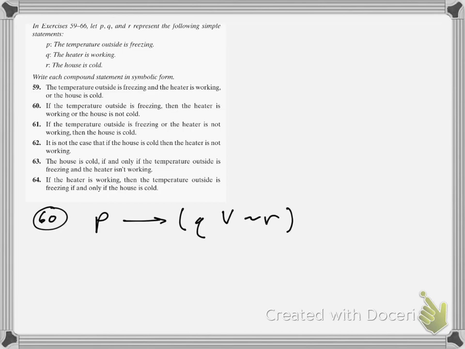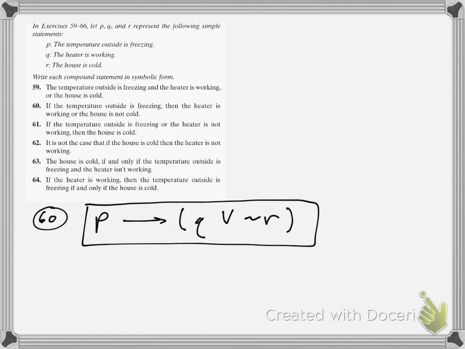Wouldn't that be not R? Okay, so that would be number 60. If then is this part, and then the or, and then we had a not. So you got to look for these keywords.